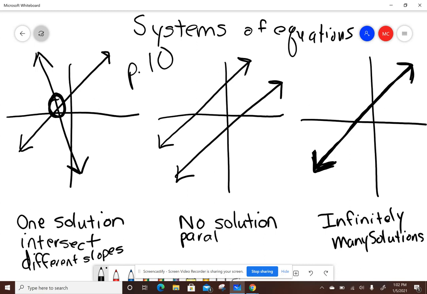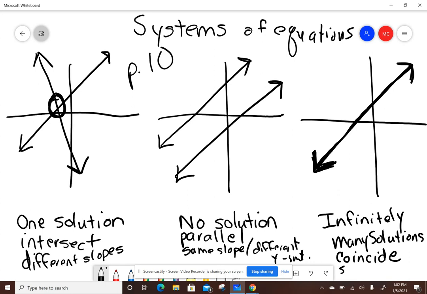And if they're parallel, there is no solution because they have the same slope but different y-intercepts. And then finally, for the last one, you have infinitely many solutions because the lines coincide. That means one right on top of the other. And they have the same slope, but also the same y-intercept.